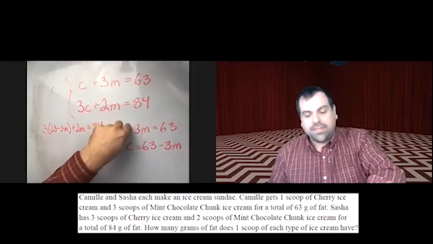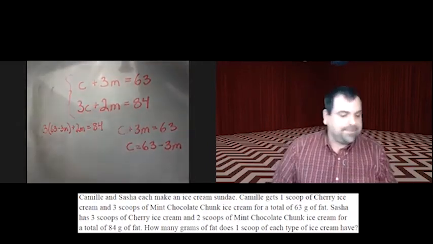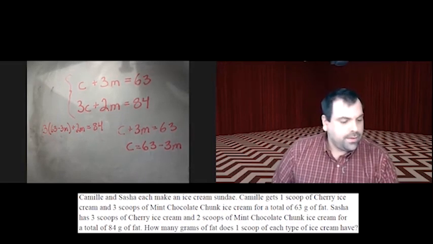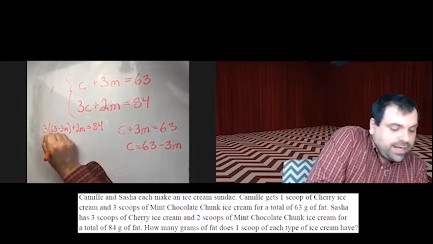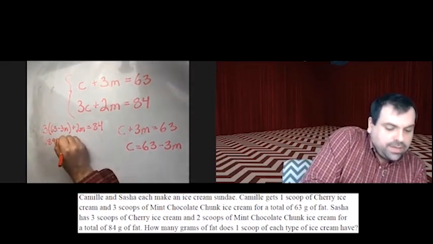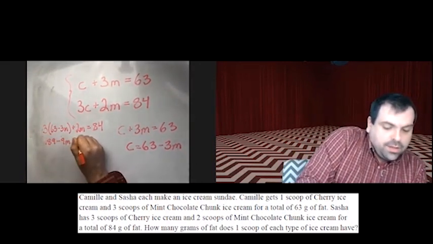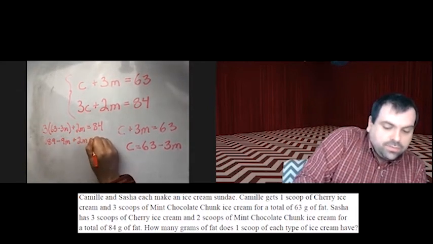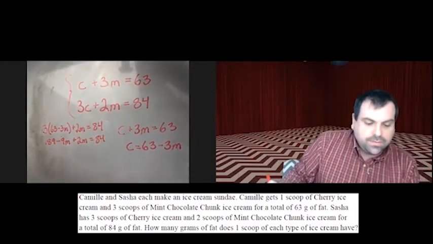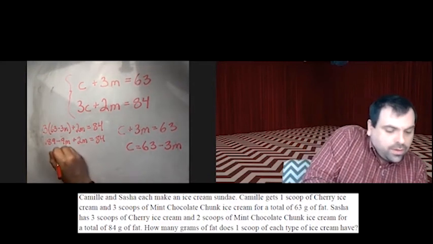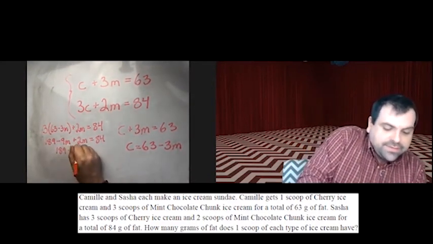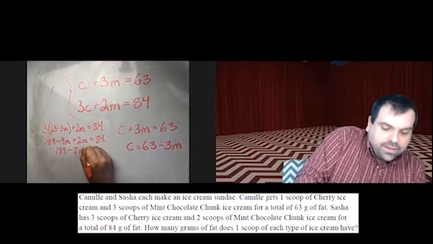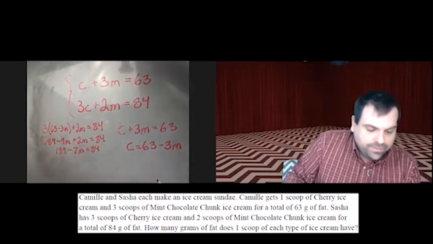And we got that by solving the first one for C. 3 times 63, that's 189 minus 9M plus 2M equals 84. 189 minus 9M plus 2M is 189 minus 7M equals 84.